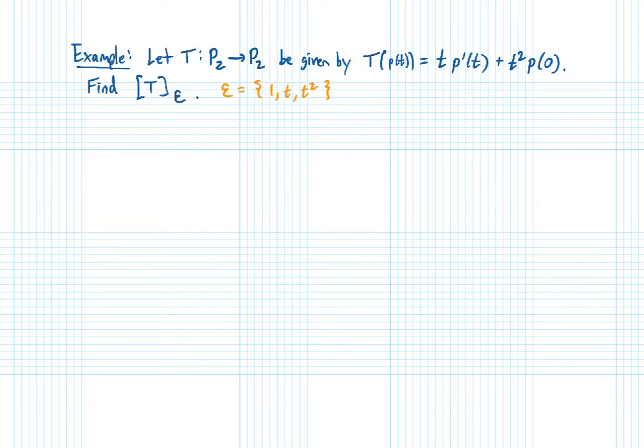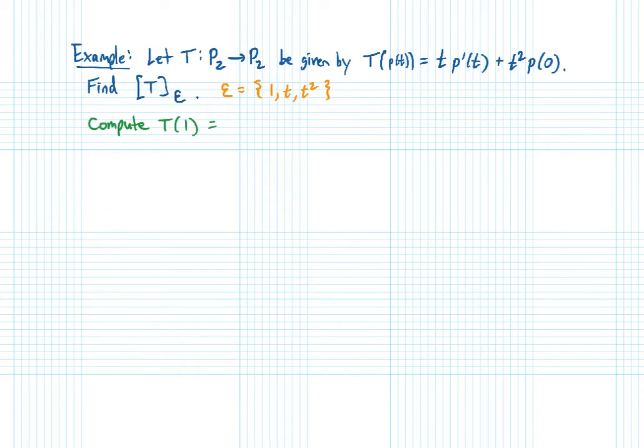And remember that the standard basis for P2 consists of 1, t, and t squared. So the process for this is to go through each of the basis vectors, plug it into T, and then rewrite the result as a linear combination of the basis vectors again. And those coefficients will give you the columns of the matrix.